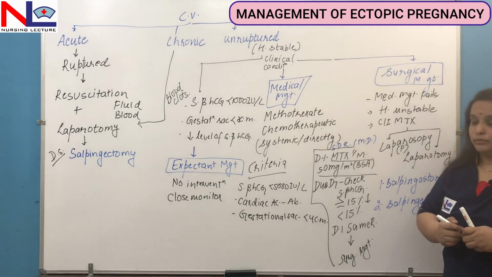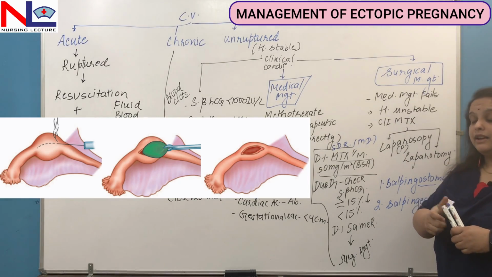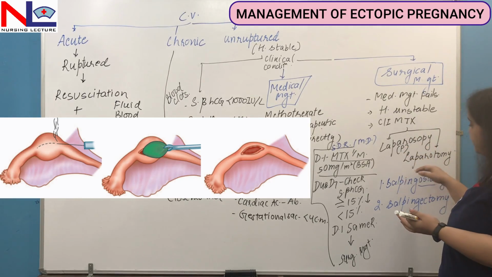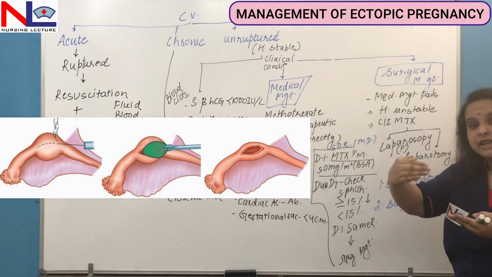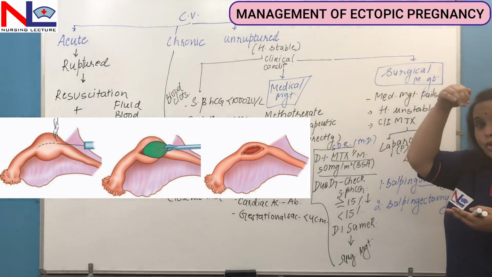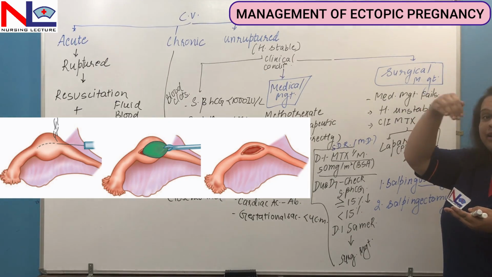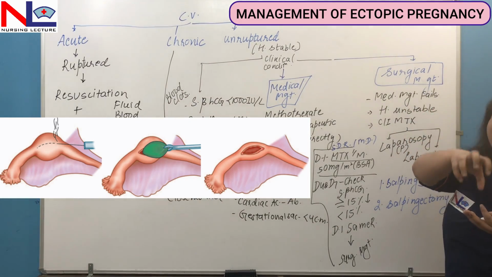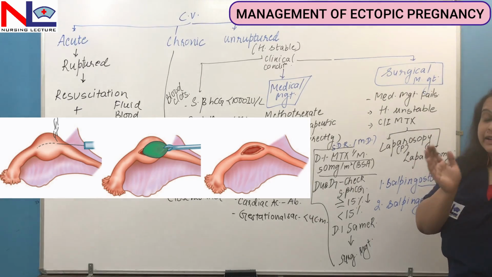So salpingostomy: ostomy means we are creating a stoma. In this procedure, when we enter through either laparoscopy or laparotomy, we make a linear incision over the conceptus in the tube on the anti-mesenteric border of the fallopian tube, remove the conceptus and the product of conception, and irrigate.